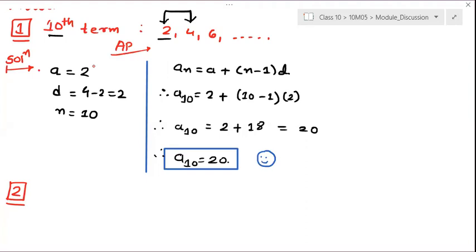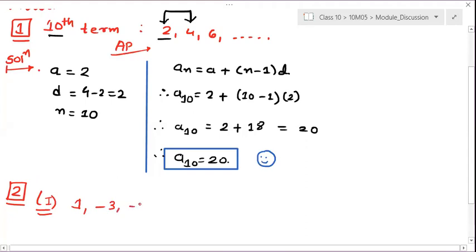Let us do question number 2, fill in the blanks. We have to fill the blank now. It's the first exercise: 1, -3, -7, blank, -15.